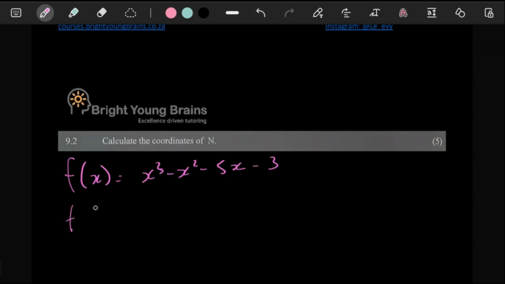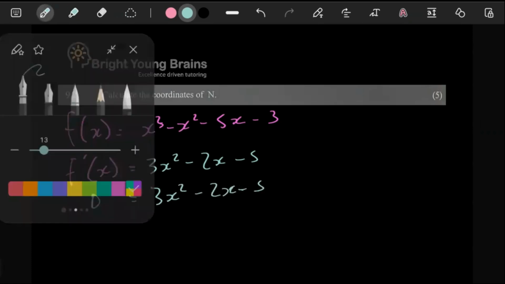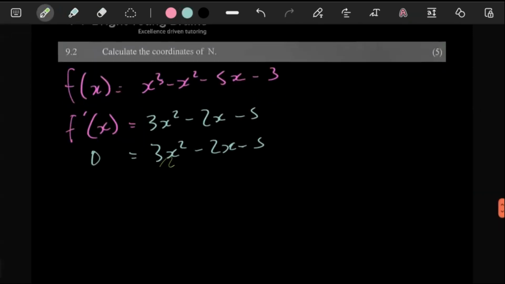So the turning point, you know that the gradient at the turning point is a 0. So what we need is the gradient equation: 3x squared minus 2x minus 5. That's the gradient equation. In this gradient equation, we want to work out where the gradient is a 0. We're going to solve for x here.